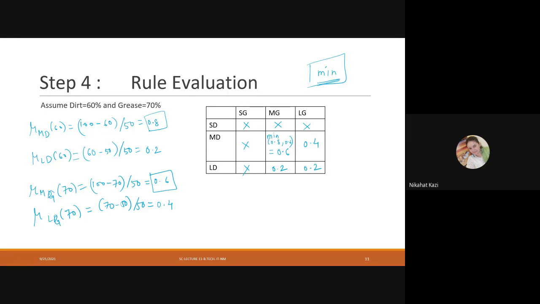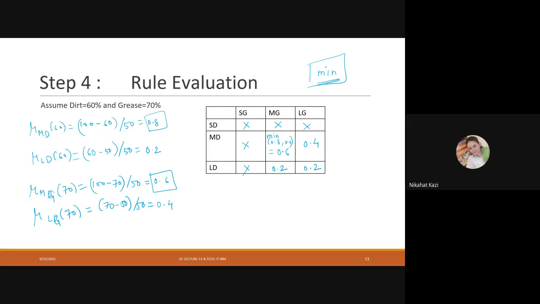Once I write these minimum values here, I pick up the maximum value of these. That value I'm going to use for defuzzifying.